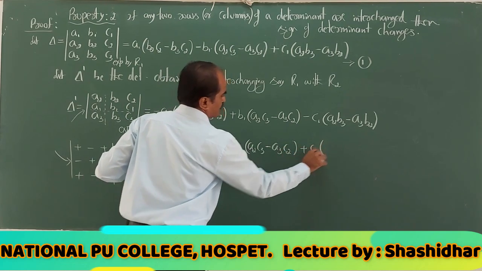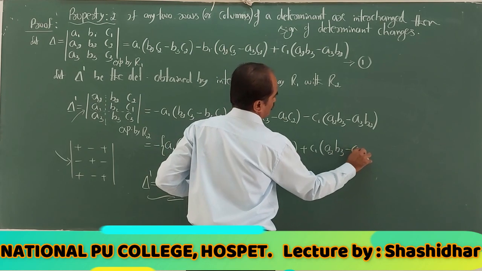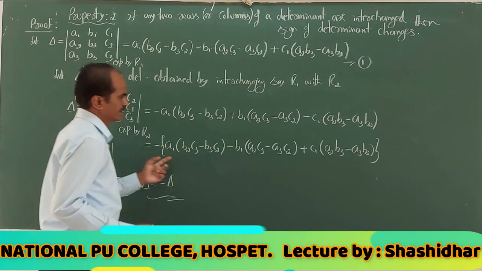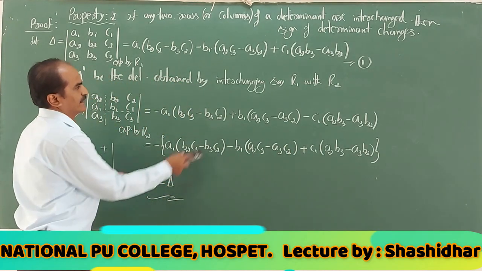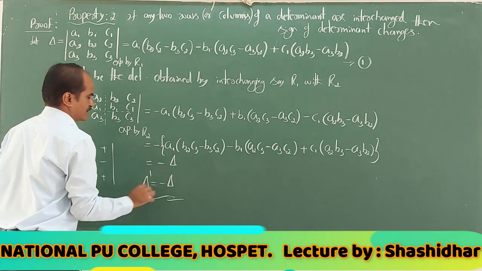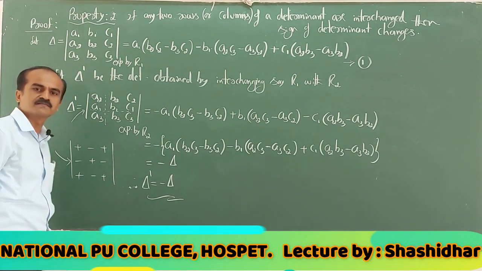This becomes plus C1 into A2 B3 minus A3 B2. Now observe the expression within this bracket. It is same as the expression 1. So I can write minus delta. So in this way, I have shown that delta dash is minus delta.